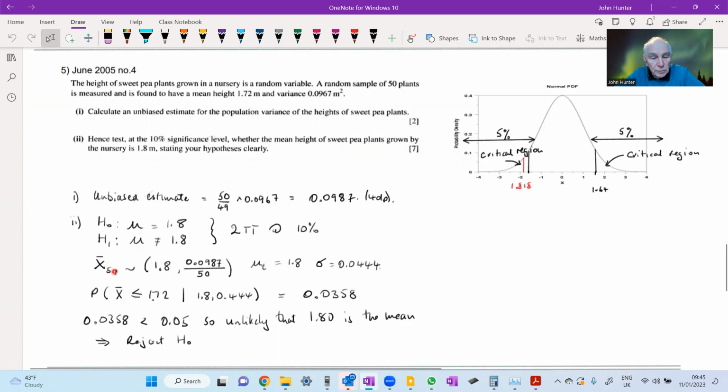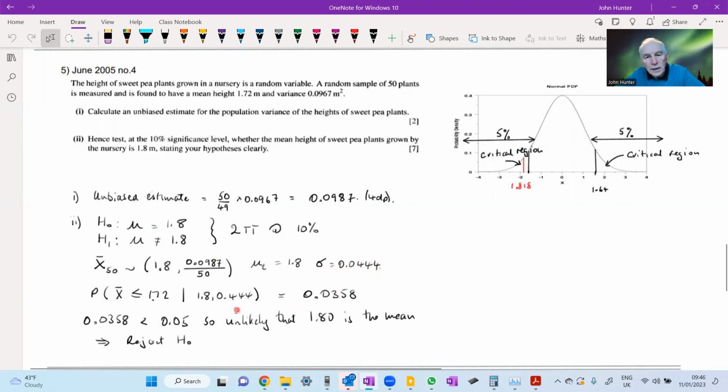Our sampling distribution is going to be normal with a mean of 1.8 and a variance of 0.0987 divided by 50. And if we work that through into a standard deviation, that gives a standard deviation of 0.0444.